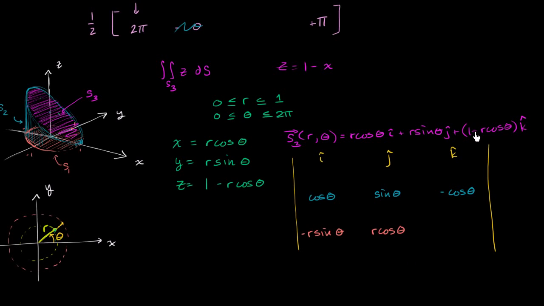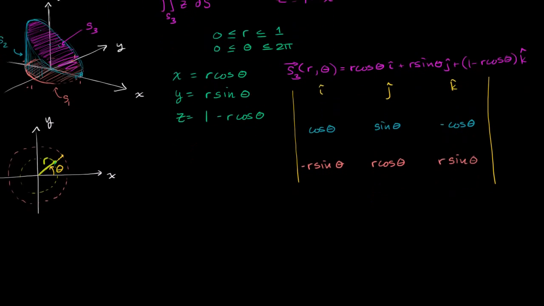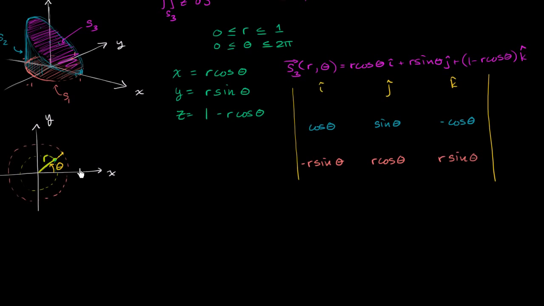You have a negative r, so the derivative of cosine theta with respect to theta is negative sine theta. So the negatives are going to cancel out, and so you're going to have r sine theta. And now we can actually evaluate this determinant to figure out the cross product of the partial of this with respect to r and the partial of this with respect to theta. Maybe I will write it down just to be clear what we're doing.